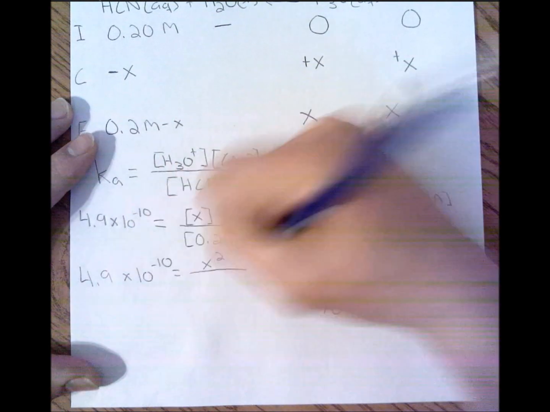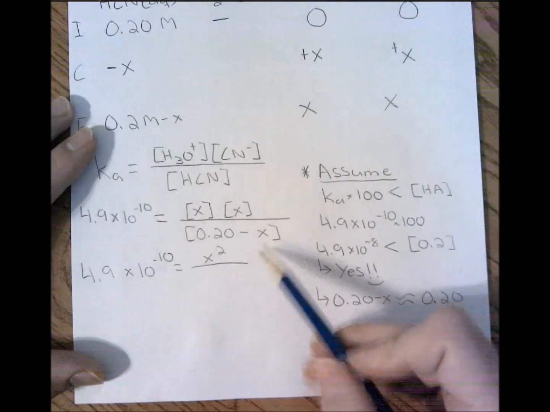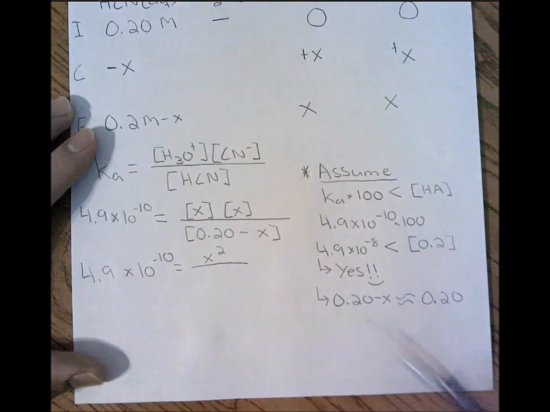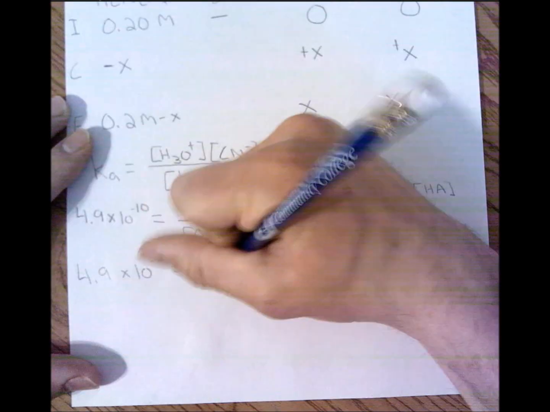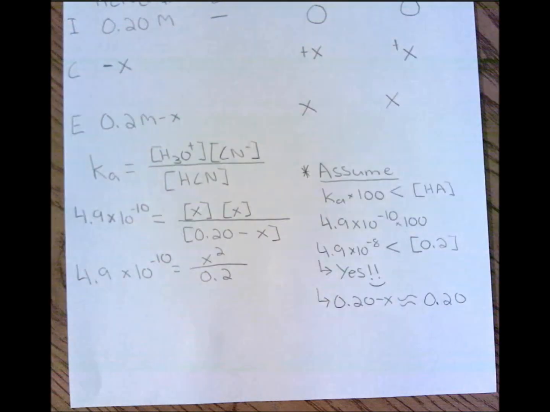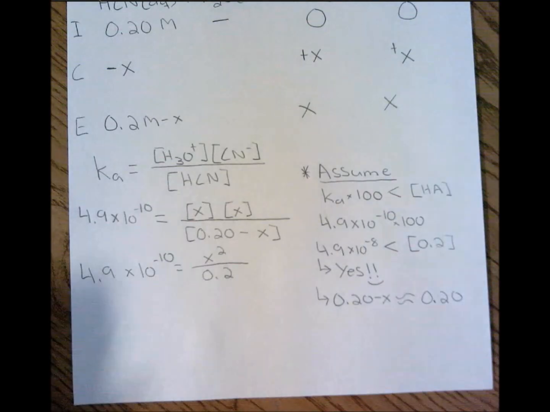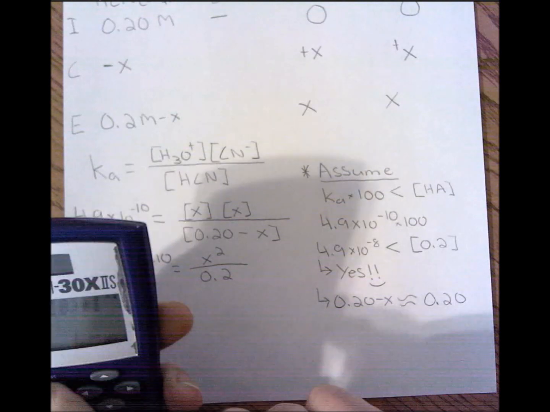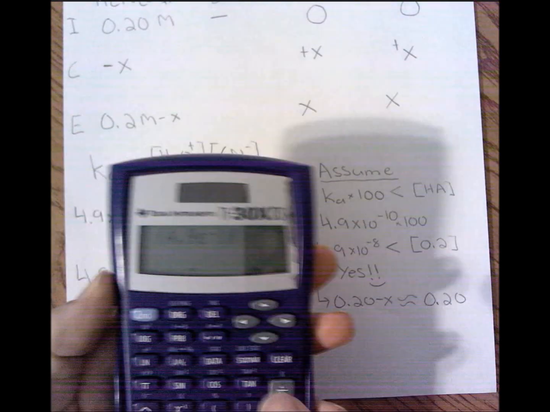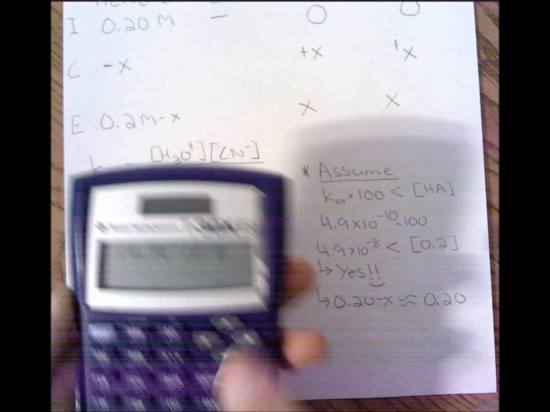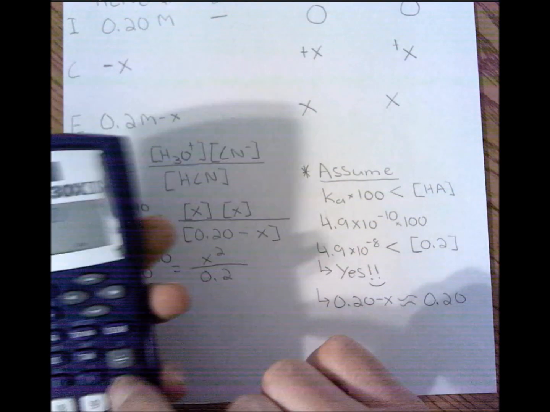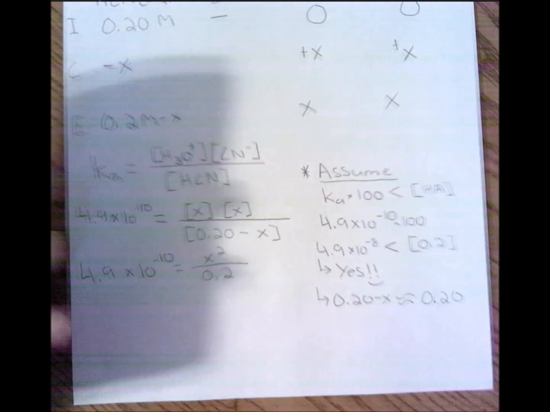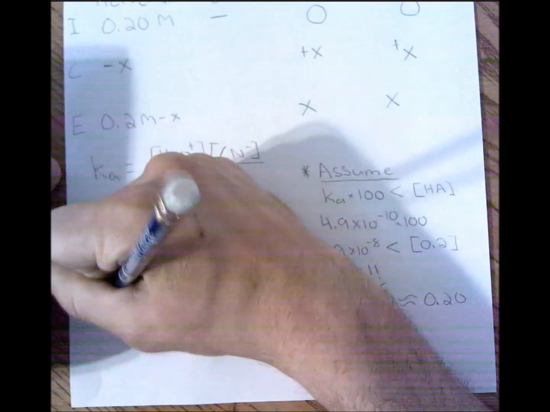So what we end up doing here is we have 4.9 times 10 to the negative 10th, and we cross multiply it by 0.2. And so we're left with 9.8 times 10 to the negative 11th equals x squared. We get rid of x squared by taking the square root of each side.